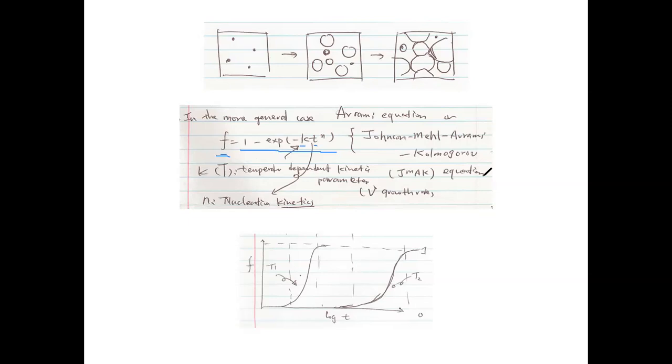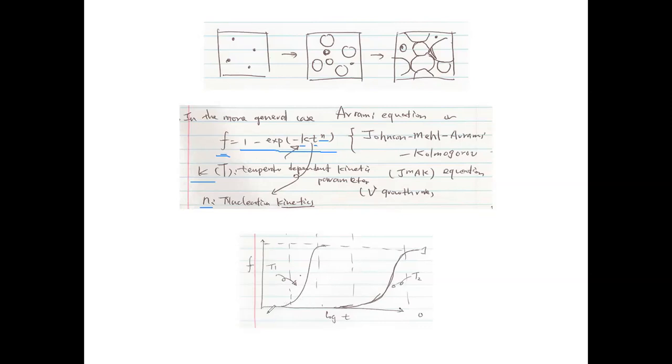Okay, so this equation is powerful enough to describe almost all of the different types of transformation kinetics by choosing the correct temperature-dependent kinetic parameter k and this nucleation-kinetics-dependent power n for the t. That is basically what we're looking for.